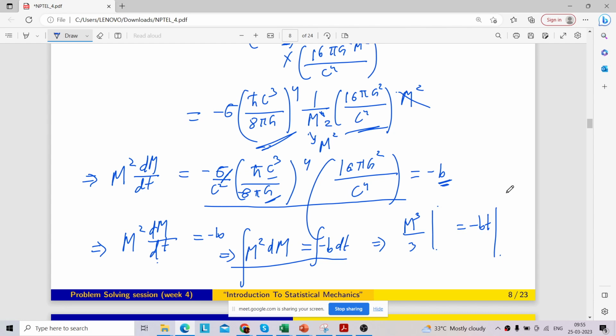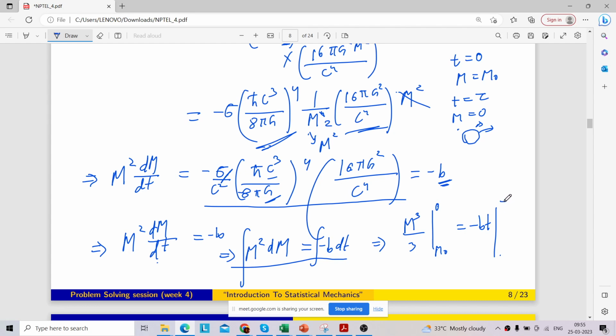So let's assume that at t equal to 0, the mass of the black hole was m0, and at t equal to time tau, the mass vanishes, meaning the black hole is totally evaporated. So I can write the limit of mass as: lower limit is m0. Initially it had mass m0, and finally it has mass 0 because it is completely evaporated.